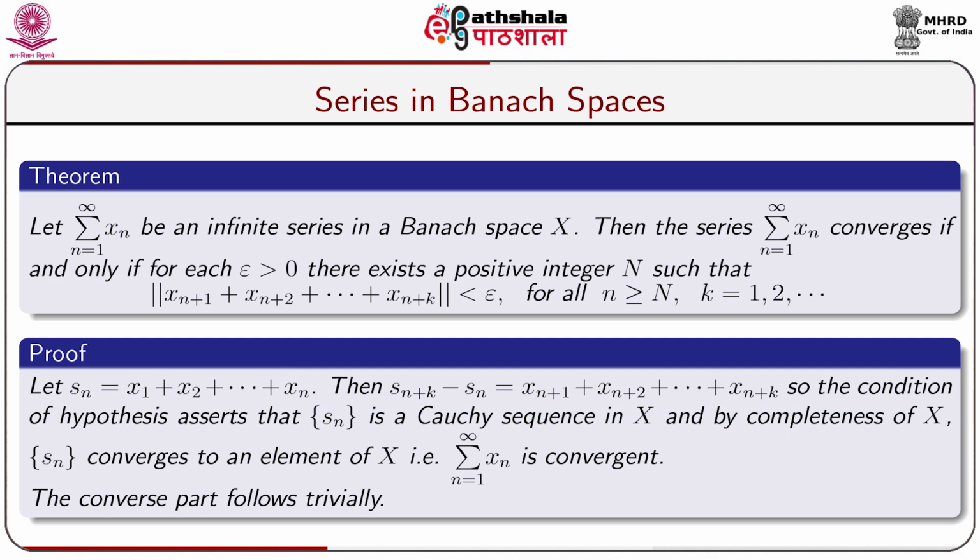So, the condition of hypothesis asserts that Sn is a Cauchy sequence in X, and by completeness of capital X, we see that sequence Sn converges to an element of capital X, that is sigma n equal to 1 to infinity xn is convergent. The converse part follows trivially.